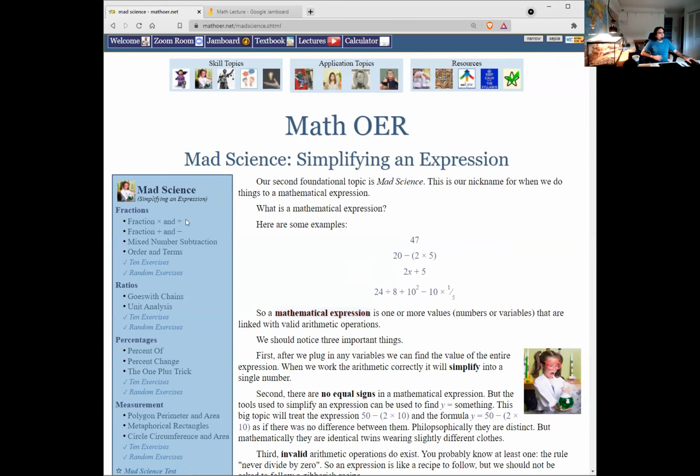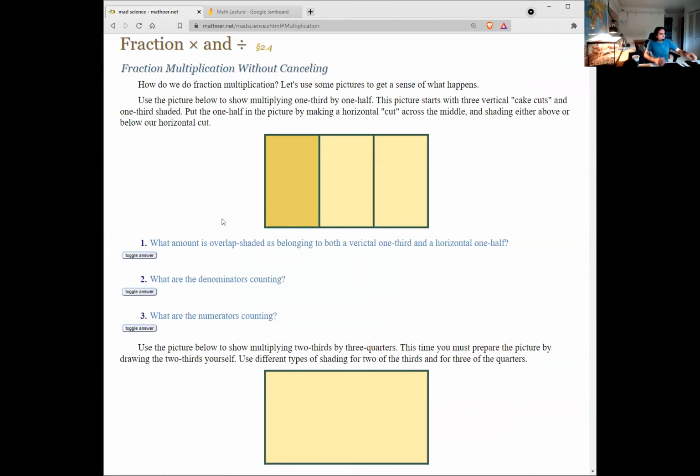I'll go to the very first topic, fraction multiplying. Here's a quick version of what we do if you are my Math 20 student learning about fraction multiplying. Everyone ready for this?